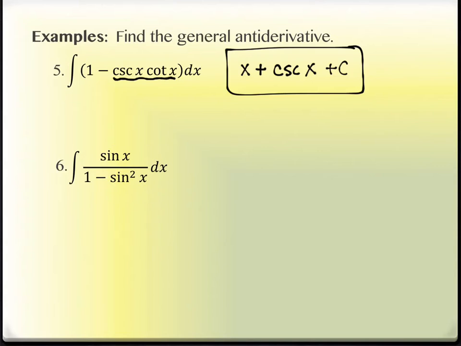So if you're getting something wrong on WebAssign, probably your first step is to make sure I got the plus c in there. It's an easy thing to forget. Okay? And you're done. There's nothing else to do. Okay, number 6 isn't quite so straightforward as all that. Right? I mean, it isn't. But there is a trig property present there that you should know.